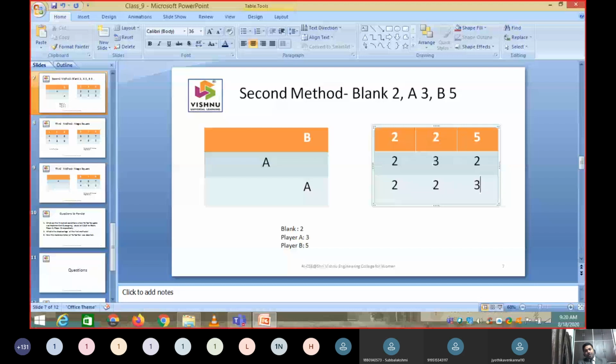There is every chance that somebody can win. Once 3 steps are completed, in total by both people, there is every chance that somebody can win here. So who can win at this moment? 3. Yes, 3, you said A. So what is the critical value now where your B has to be placed?